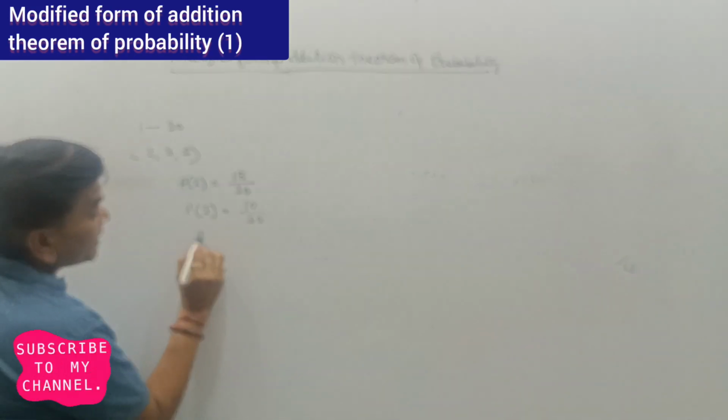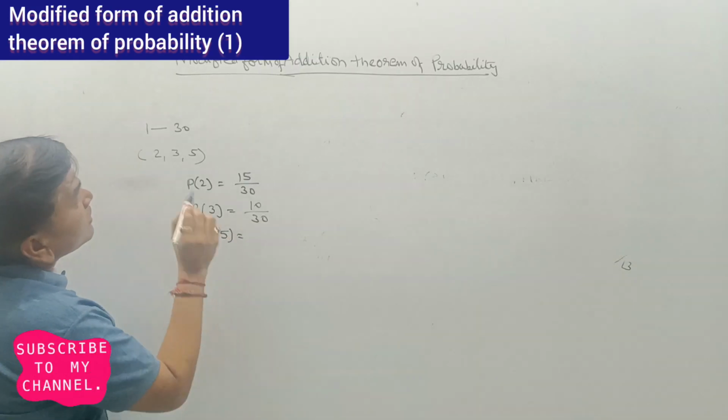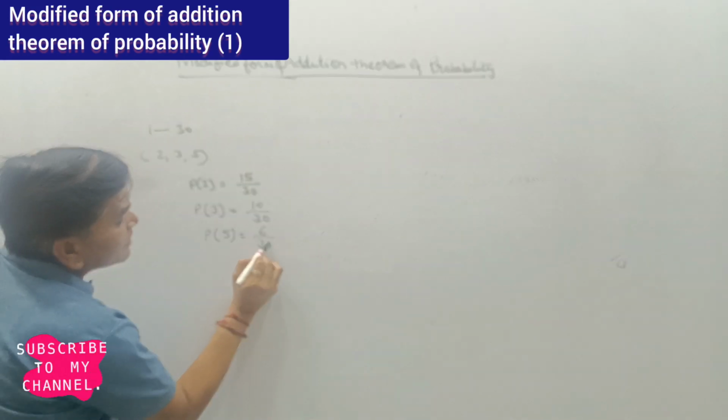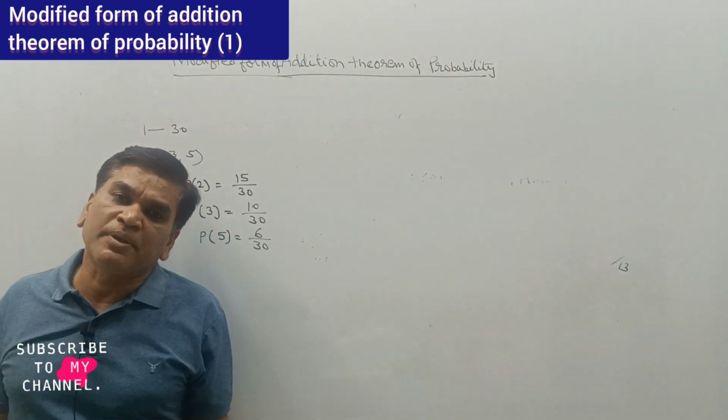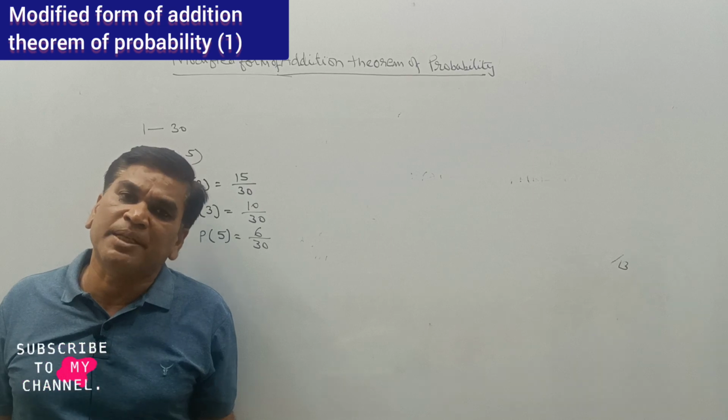And the probability of getting a number divisible by 5 is 6 upon 30: 5, 10, 15, 20, 25 and 30.